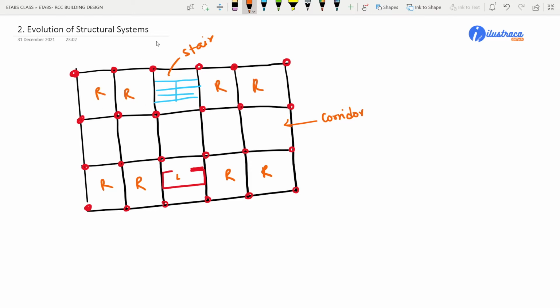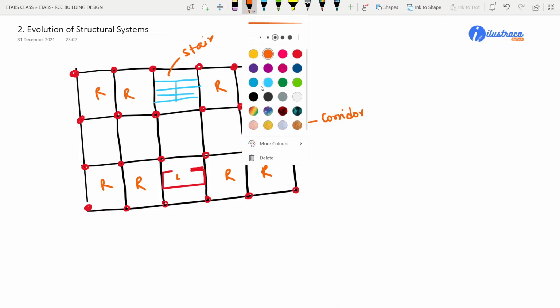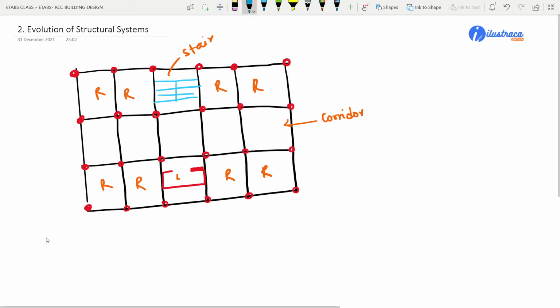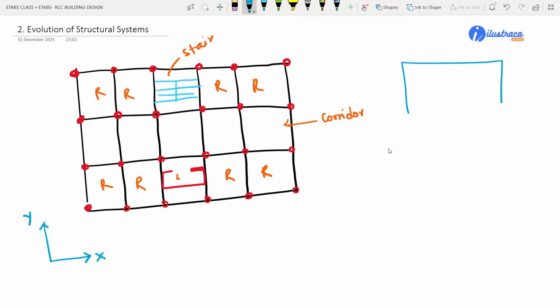Now let me draw an axis for this particular structural system. Suppose this is the x axis, and the one going upwards is the y axis. Now let's see how many frames there will be. From this direction, 4 columns will be there.